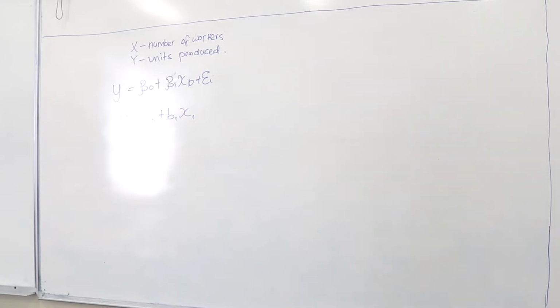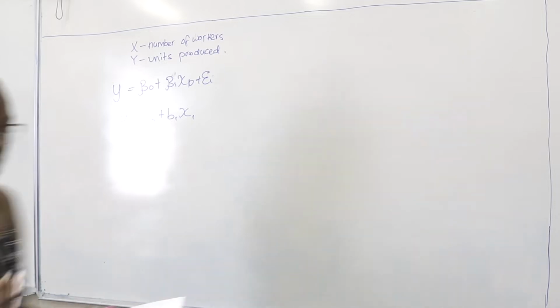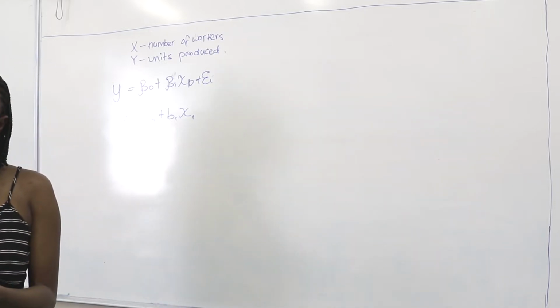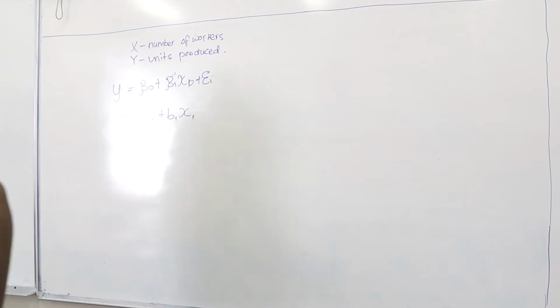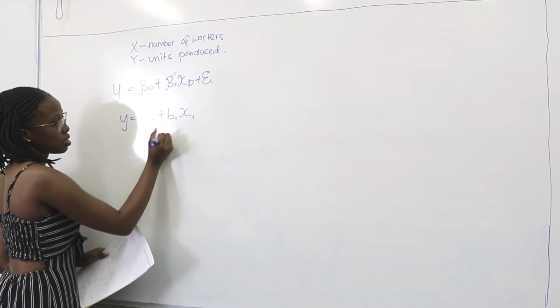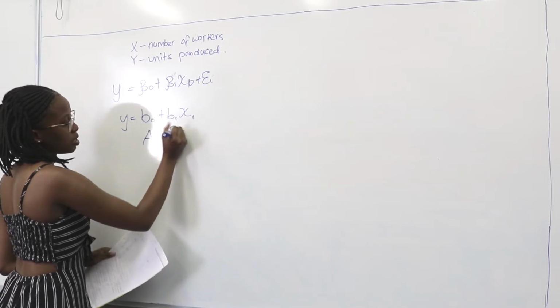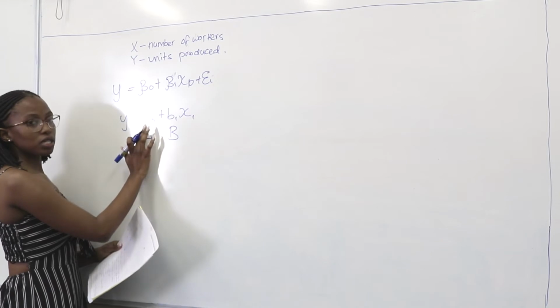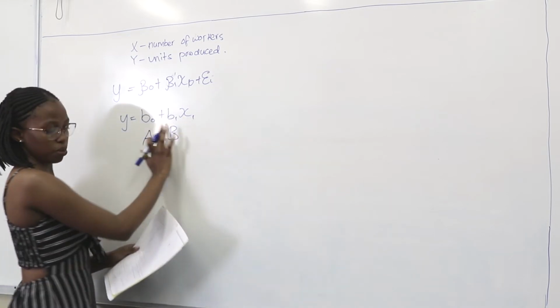Okay, so after you've saved your data, you go shift, and then you go back to your stat mode, and then you go to option 5, which is regression. When you get there, you have 5 options. Option A will be this, and option B will be this. So this is your intercept, and this is your slope.